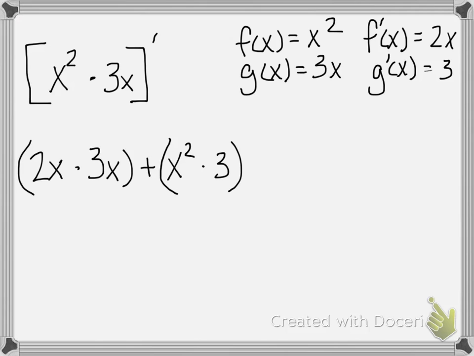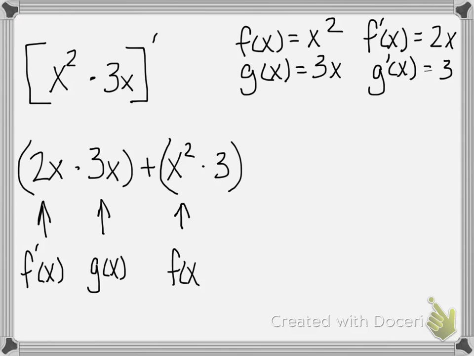So now I can actually kind of lay this out for you. There's our derivative of the first, or f prime of x, times our g of x, plus the first, which is just f of x, times the derivative of our second.